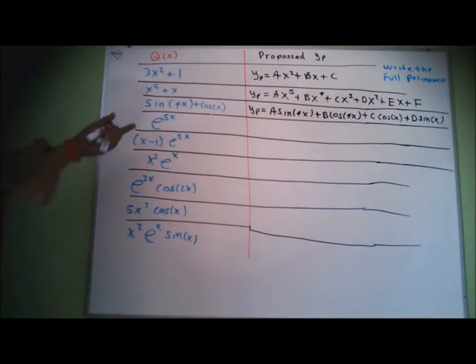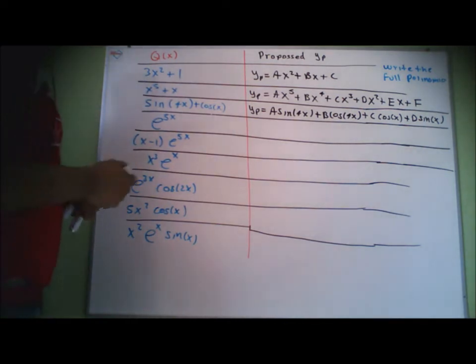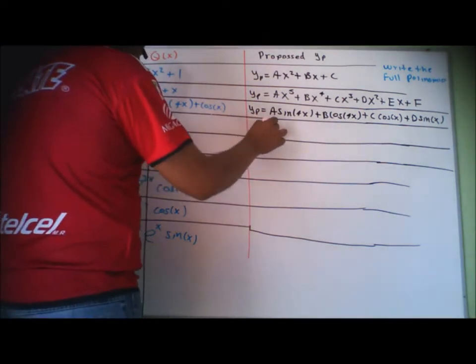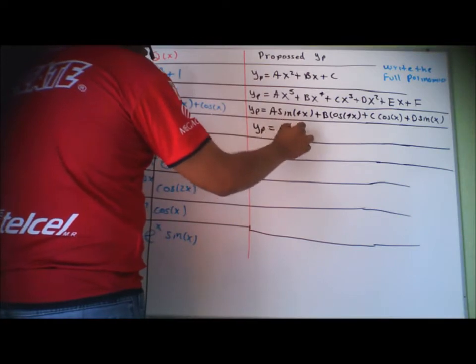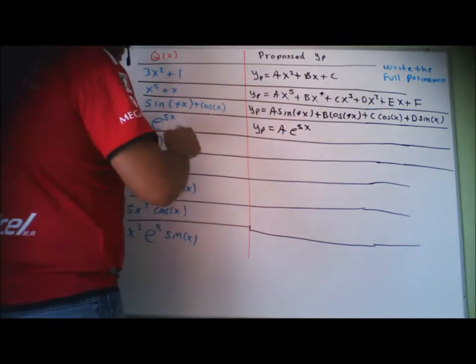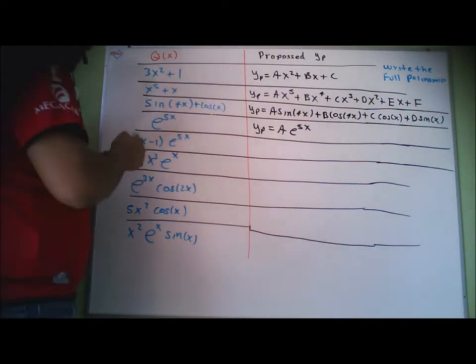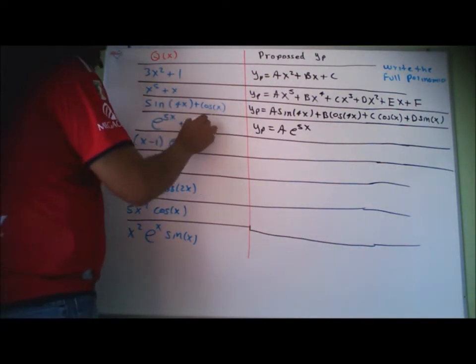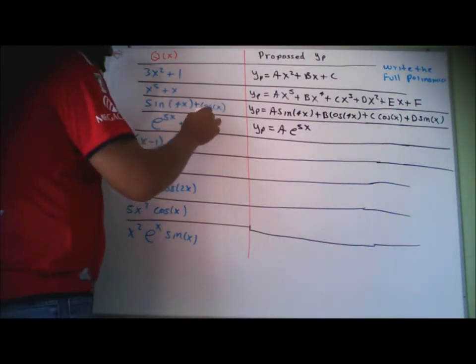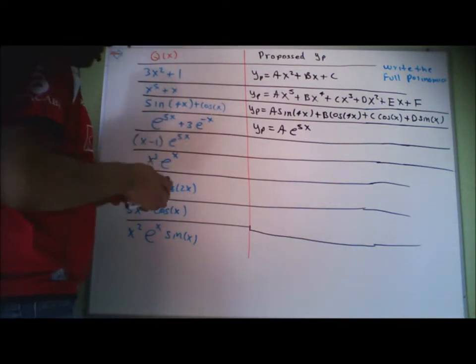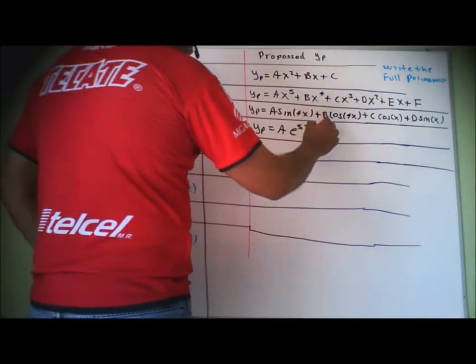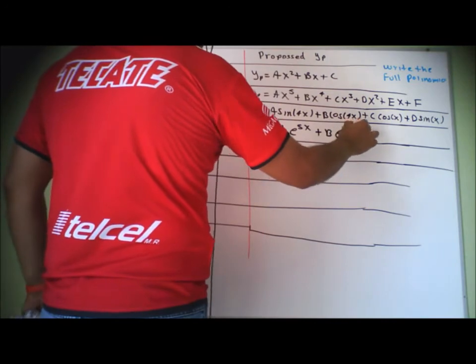Now on the exponential of 5x, we have seen that, so the particular solution is just A exponential of 5x, and that's it. Now, if you happen to have another exponential, let's say plus 3 exponential of minus x, then you have to write plus B exponential of minus x.